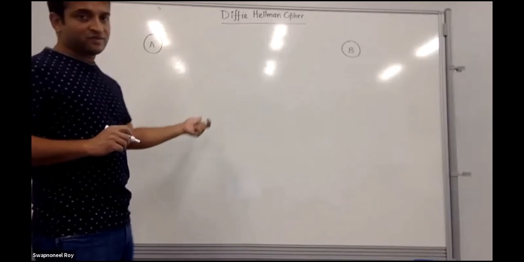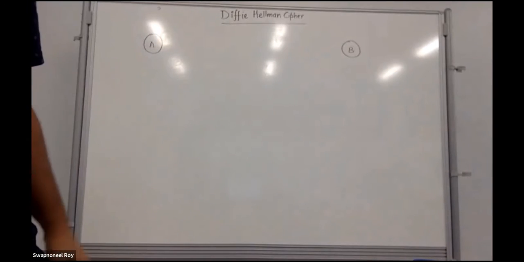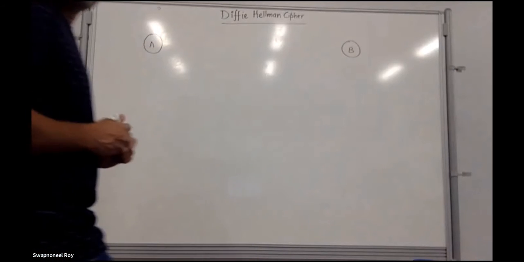So with this cipher, there are two global elements. Just like with RSA cipher, RSA had one global element, one global modulus. This cipher has two global elements.